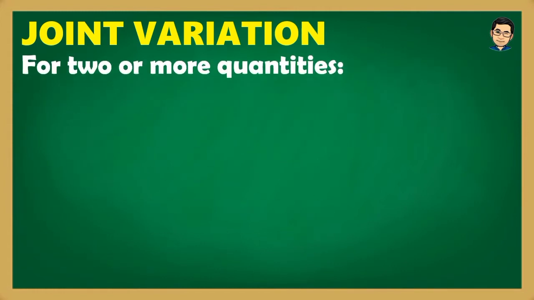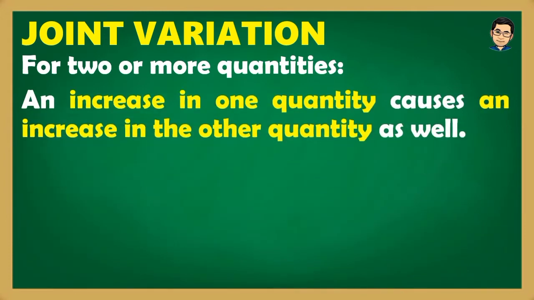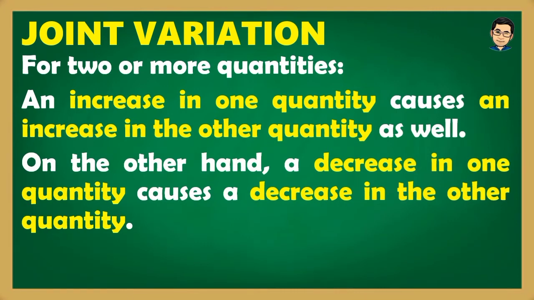So, for two or more quantities, an increase in one quantity causes an increase in the other quantity as well. Kapag yung isang quantity natin tumaas, of course, yung kasama niya tataas din. And then, on the other hand, a decrease in one quantity causes a decrease in the other quantity. Kapag lumiit yung isang quantity natin, bababa din po siya.